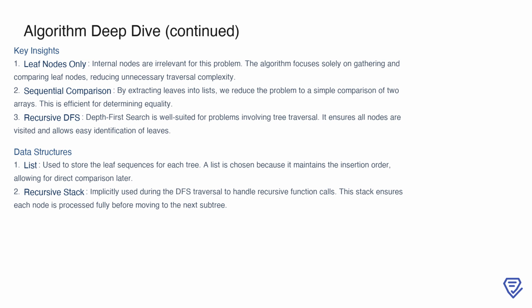Third, using depth-first search as the traversal method ensures that we visit every node in the tree and can easily identify leaf nodes during the process. For data structures, we rely on lists to store the leaf sequences since they preserve order, which is critical for comparison. Additionally, the recursive nature of DFS uses the call stack to keep track of traversal, making it a natural fit for tree-based problems like this one.